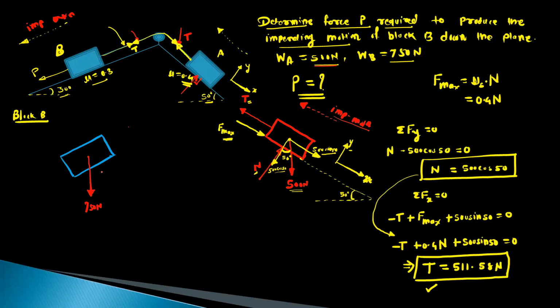Then there is a normal reaction. So this is normal reaction. Okay. So I will consider this normal reaction as a NB, and here it is a NA. So your first value is NA, which is 500 cos 50. Then we have this tension, and this tension is exactly parallel with this inclined plane. Okay. Then this is the external force P, which is to be determined.